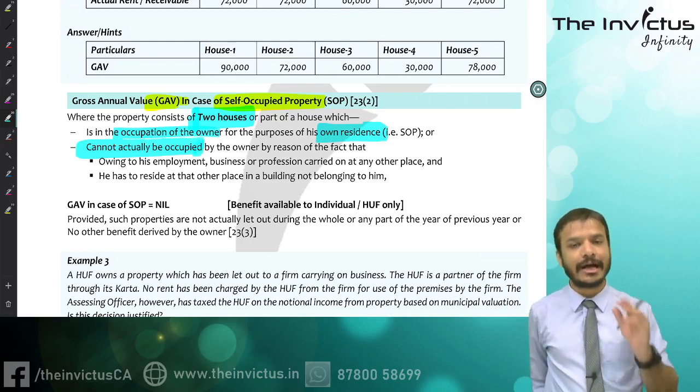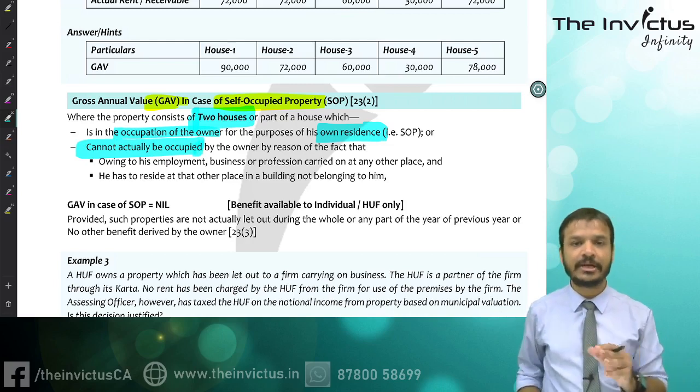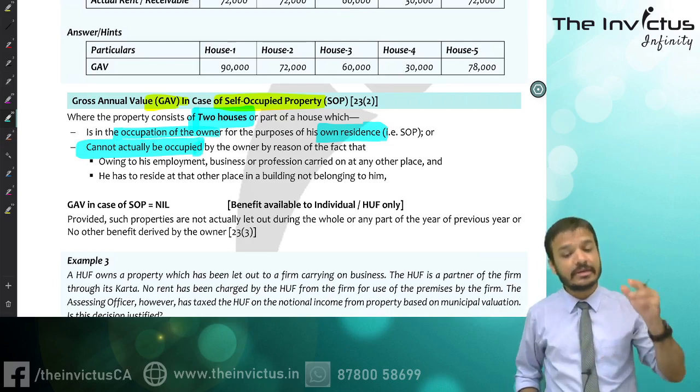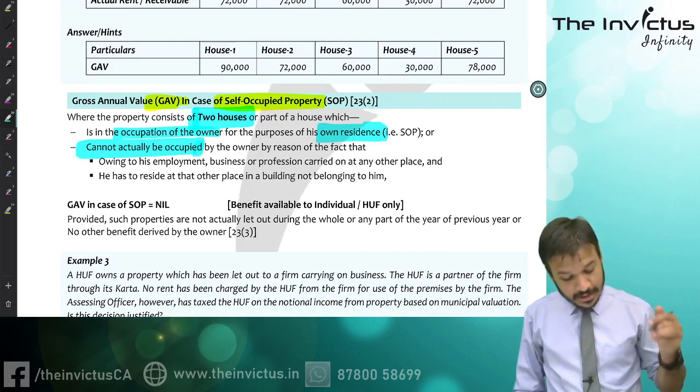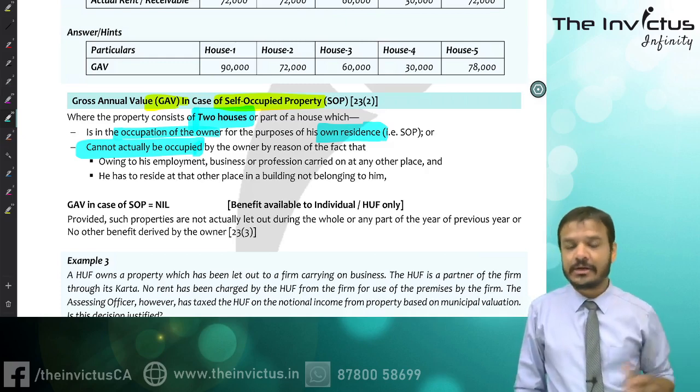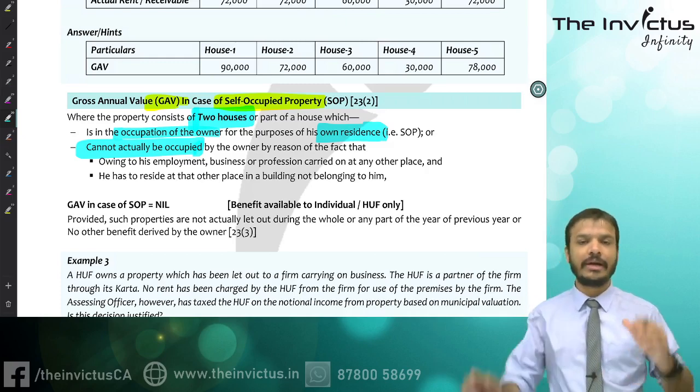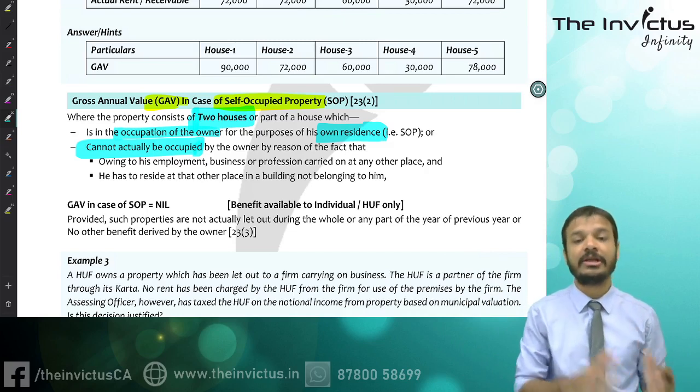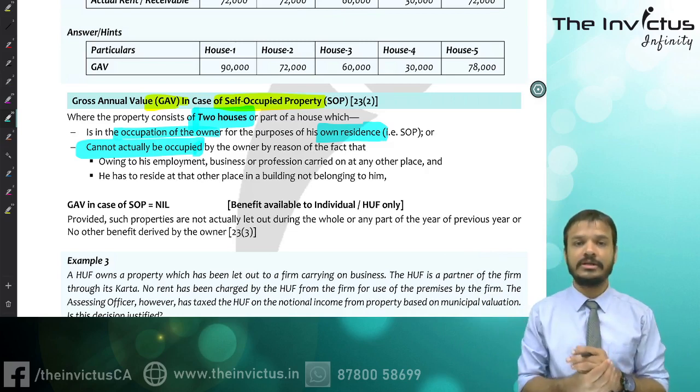First case, I am actually residing in that particular property, I am using it for my self-occupation. Second, I am not actually residing in it, or I am not in occupation of that particular property. What is the reason?